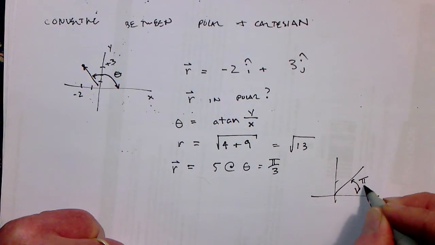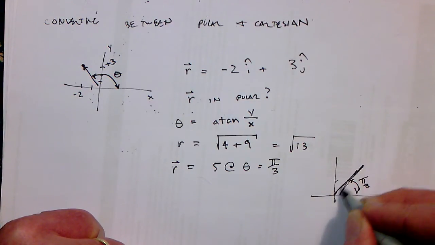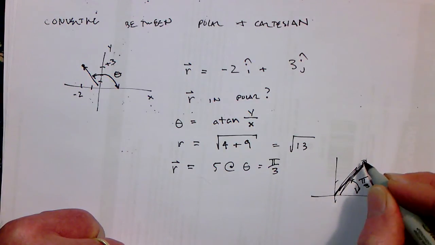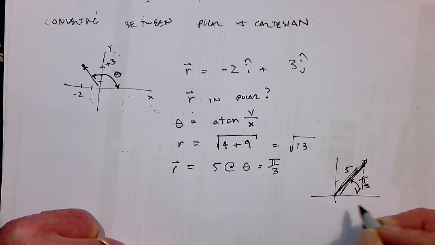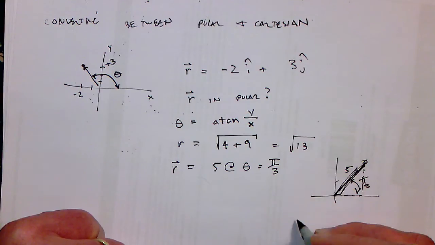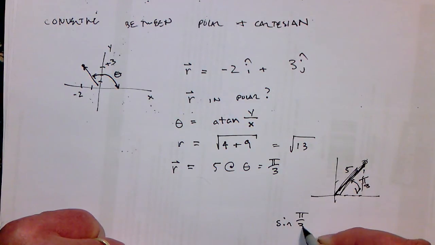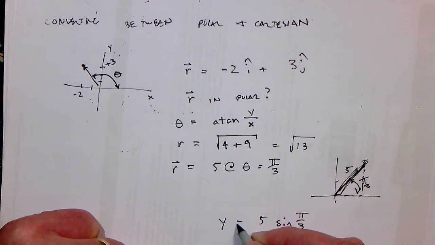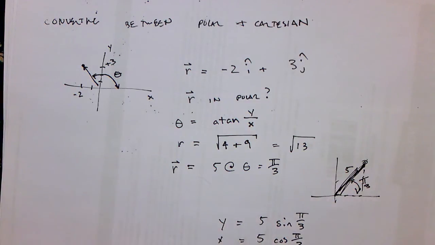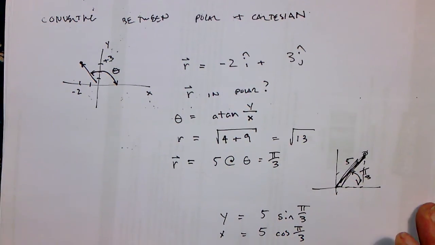So there's pi over 3, not terribly accurately drawn, but something like that. This has a length of 5, and so when you look at this, the sine of pi over 3 times 5 is going to be the y value, and the x value is going to be 5 times the cosine of pi over 3.